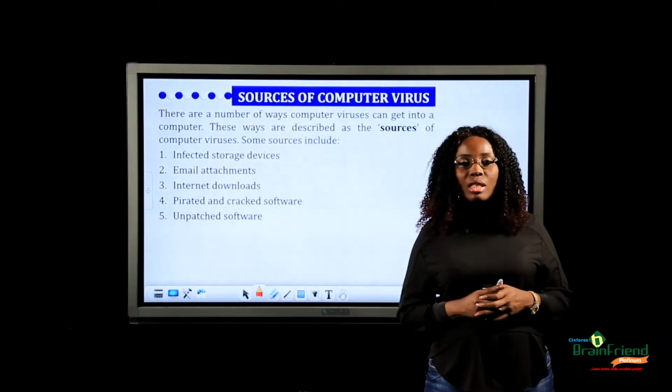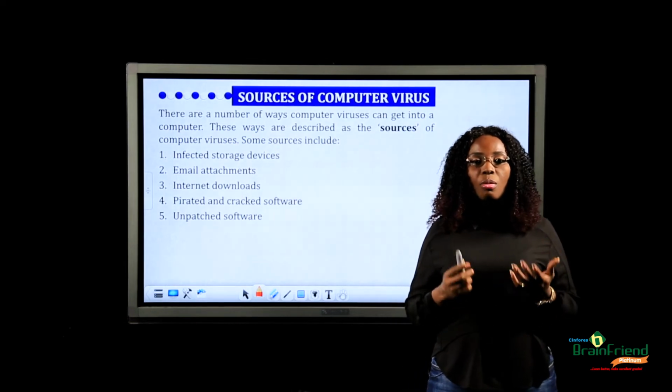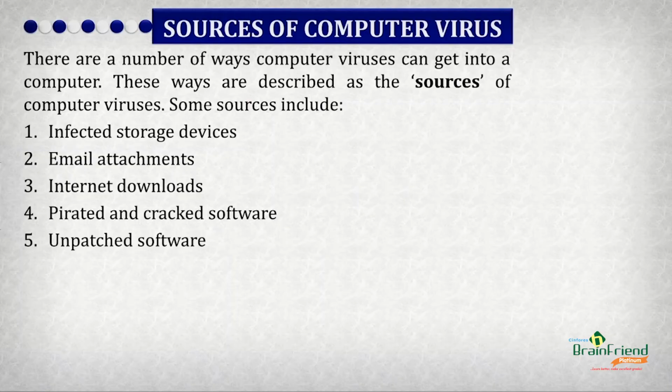There are several sources through which a computer can be infected with a virus. Some of these sources include infected storage devices, email attachments, internet downloads, pirated and cracked software, and unpatched software. Now let's go on to look at these in detail.